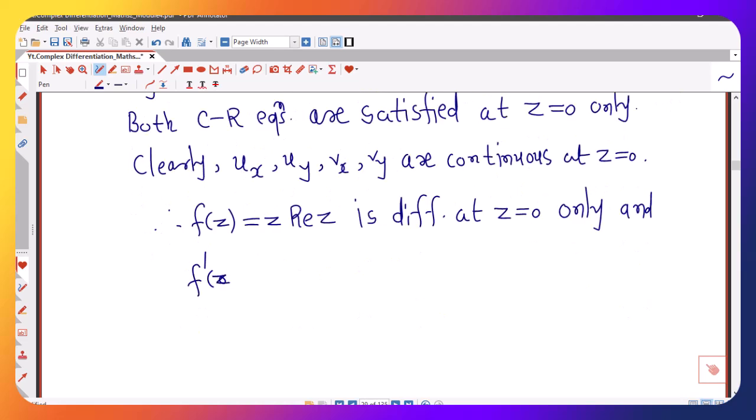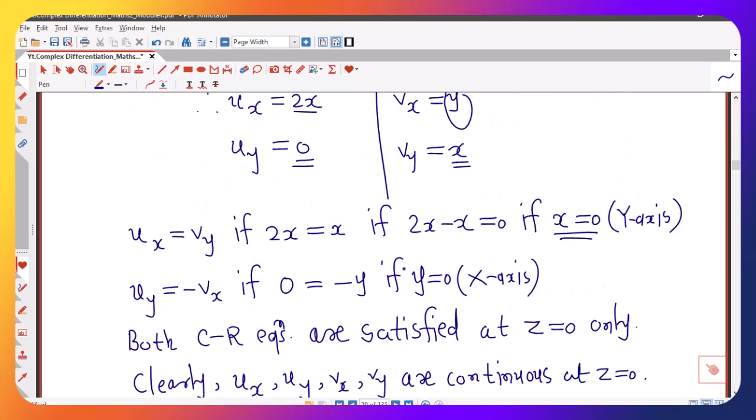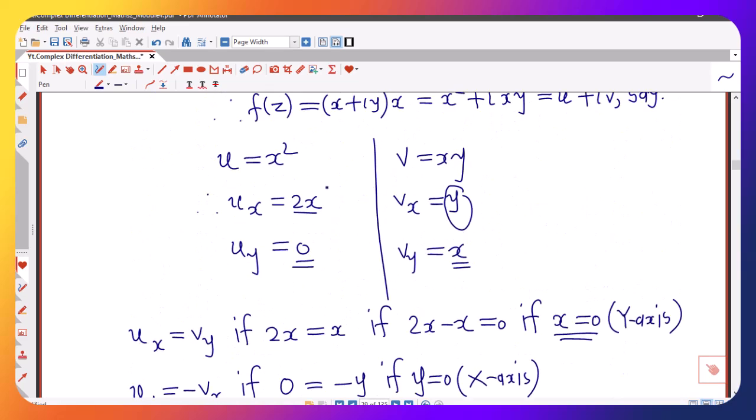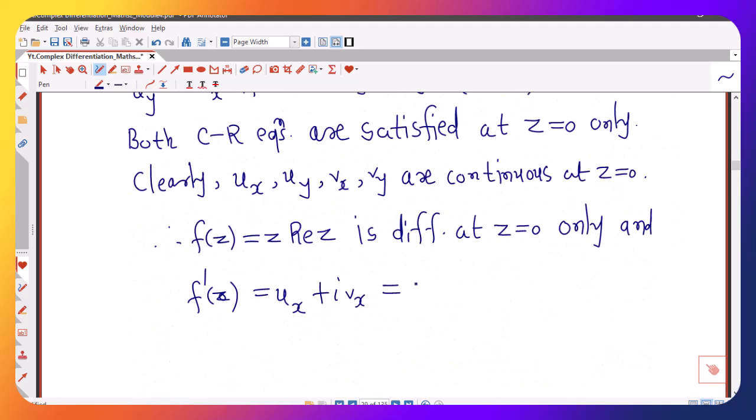f dash z is given by ux plus i times vx. Del u by del x is 2x and del v by del x is y. So this is 2x plus i times y, and we are interested in z equal to 0. At z equal to 0, x and y are both 0. So 2 into 0 plus i into 0, that is 0.